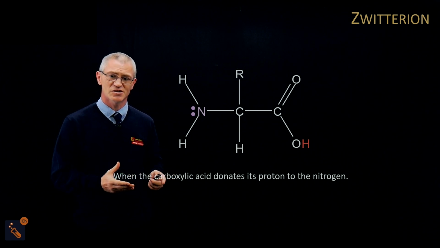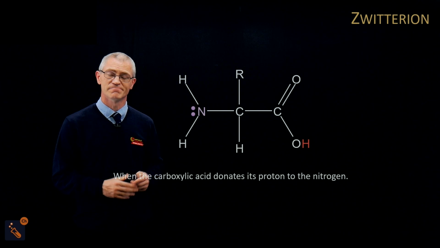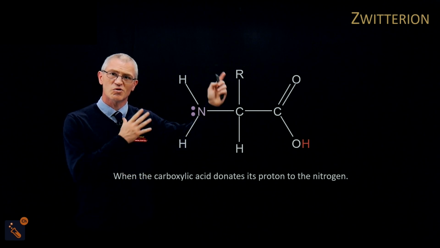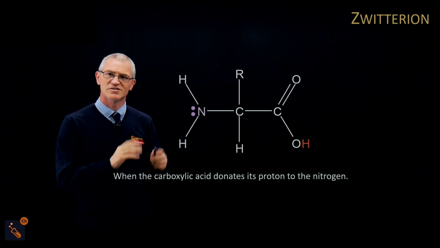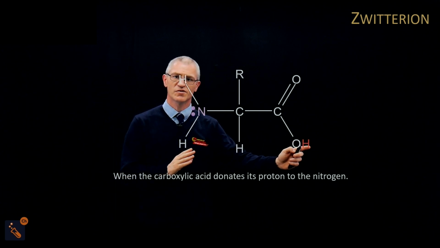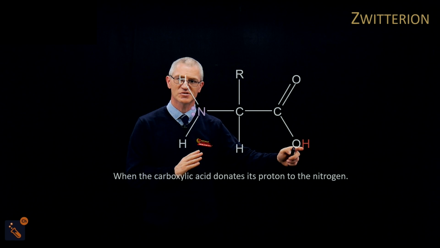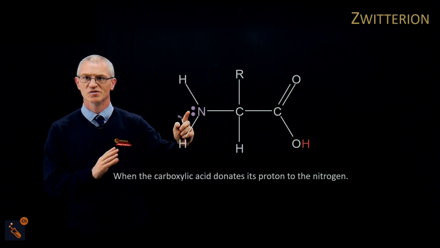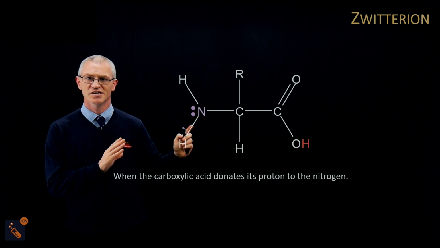Now, the last thing we're going to show you is something called a zwitterion. The word zwitterion is not really going to be used in the exams, hence we haven't written it here, but we've written it up there. That zwitterion is when the H from the OH, from the carboxylic acid, donates and then comes over here and bonds as an H with the N. And we're going to show you that now.